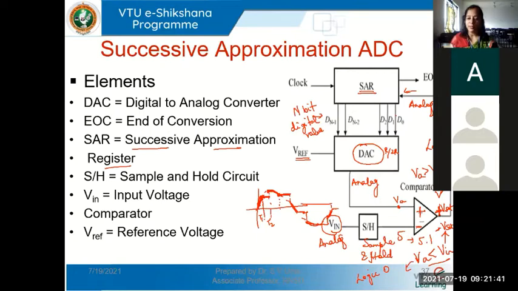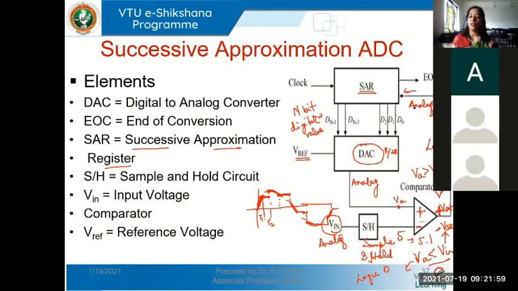So positive saturation output of the comparator will be considered as logic 1, negative saturation as logic 0, and that 1 or 0 is fed here.